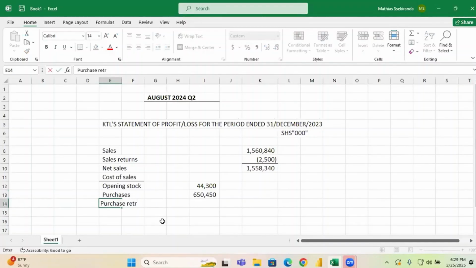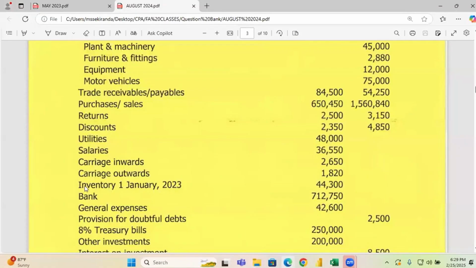They gave us returns, one a debit, the other a credit. So purchase returns is always a credit, 150. Why? Because it reduces a debit, which is the purchases. Because purchases are always debits, any entry that reduces purchases should be a credit. And that is purchase returns, 3150.